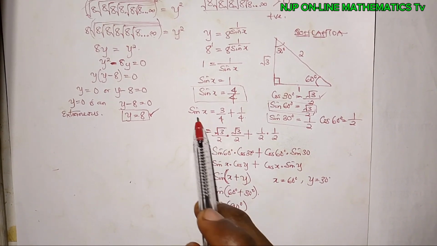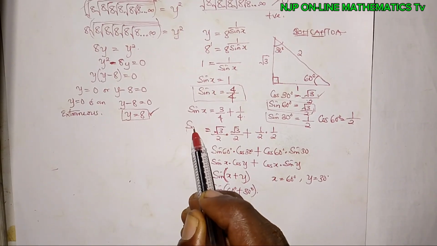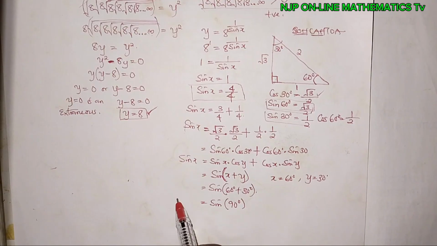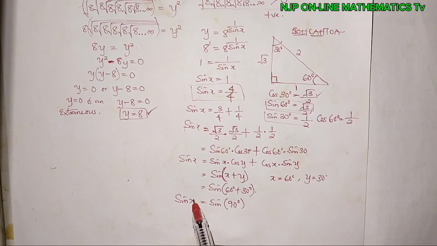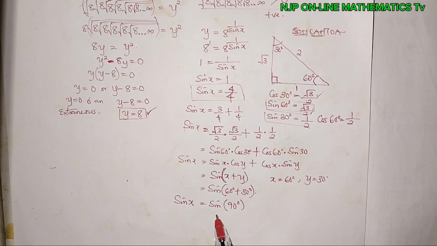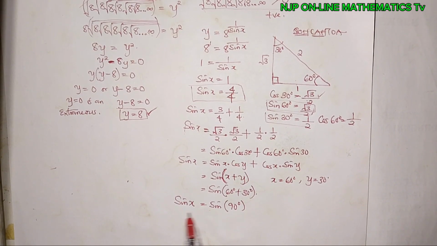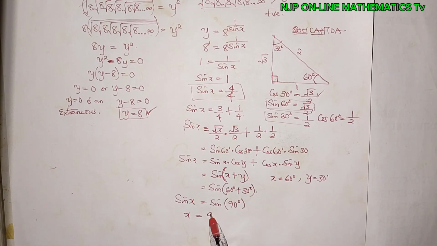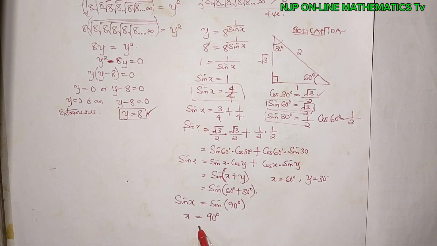Recall that this value was for sine x, and now we have that sine x equals sine 90 degrees. Since sine x equals sine 90 degrees, for this equation to hold, x must be equal to 90 degrees.